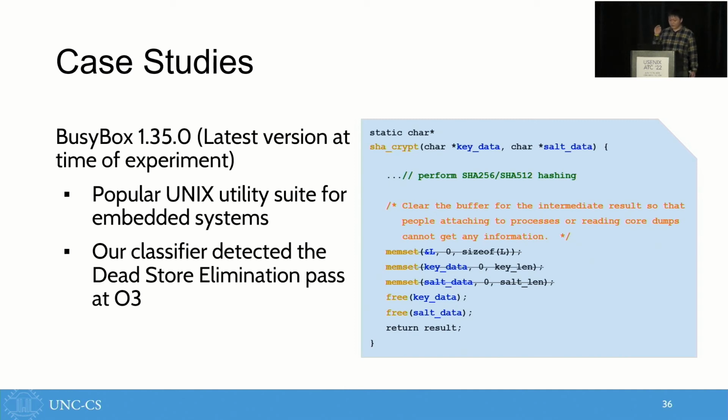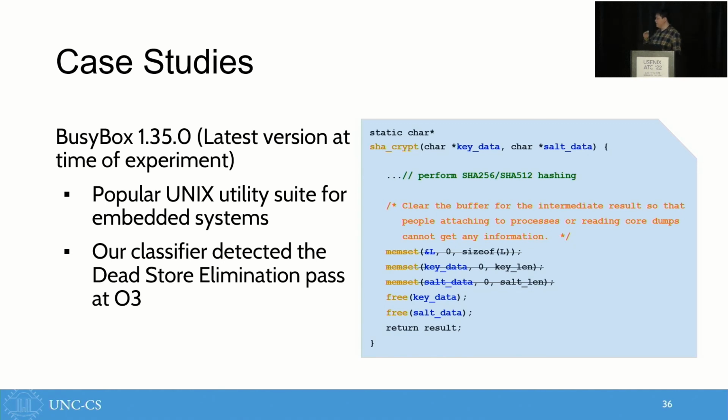So we applied our tool to BusyBox, the latest version of BusyBox at the time of the experiment. BusyBox is a popular Unix utility suite for embedded systems. And our classifier detected that this function in the SHA encryption was modified by the dead store elimination pass.